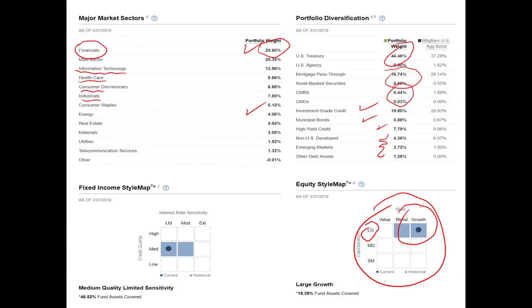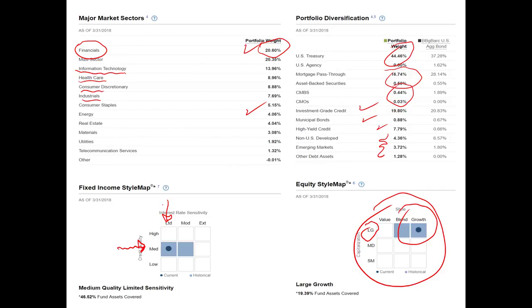On the bond side, the credit quality tends to be medium, and interest rate sensitivity tends to be low. So these are just different ways to categorize and get our arms around the types of risks that we might bear if we elected to give these two fund managers our money to manage over time.